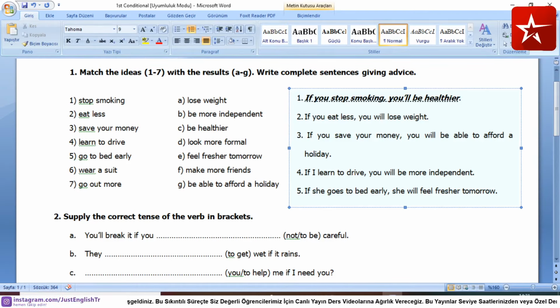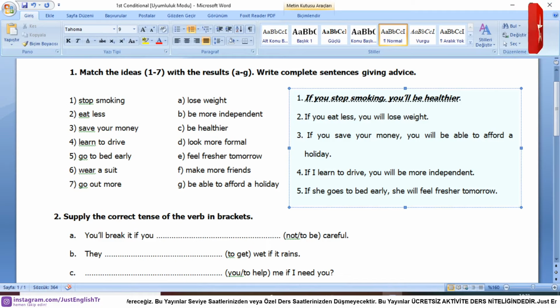And the last sentence that we will make, number 7, go out more. If you go out more, I'm waiting for your answers.